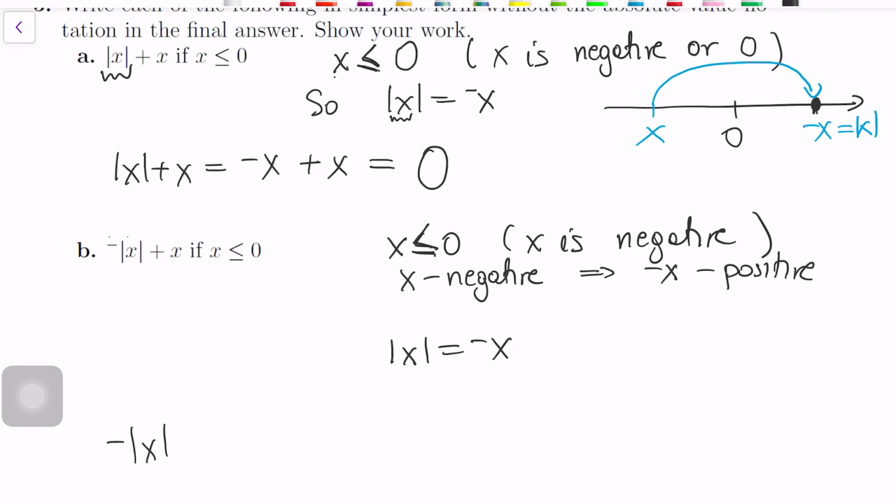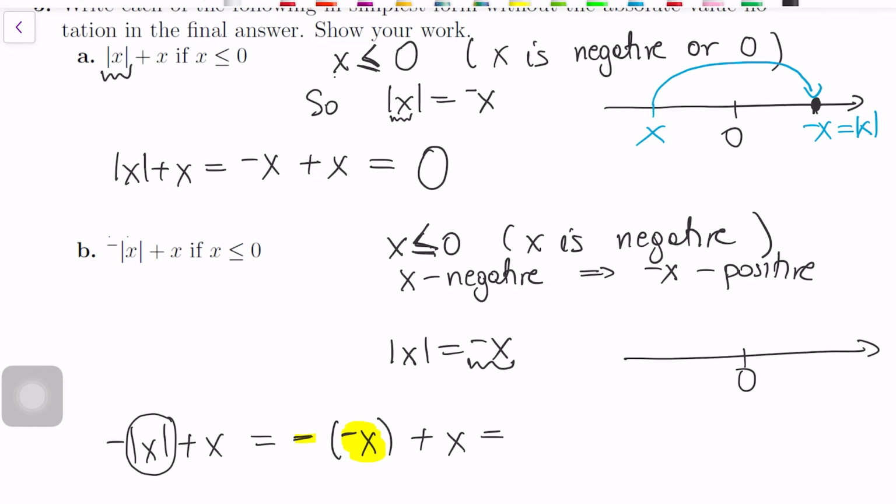So in that case, minus absolute value of x plus x will be, well, the absolute value of x, as we mentioned above, will be minus x, because this one is positive since x was negative. But then what's the opposite of the opposite? If x is negative, minus x is positive, and then you're taking the opposite of minus x, and you're back at x.